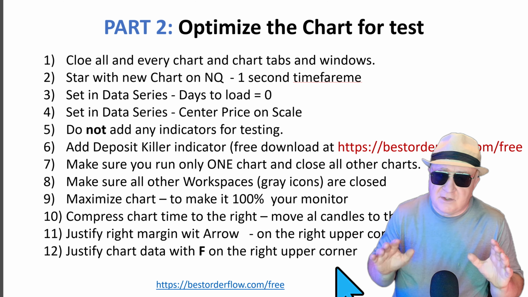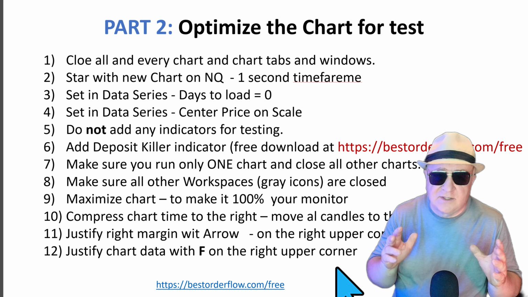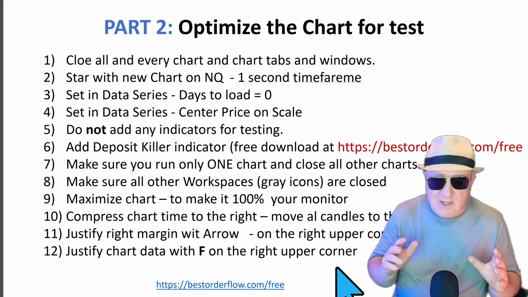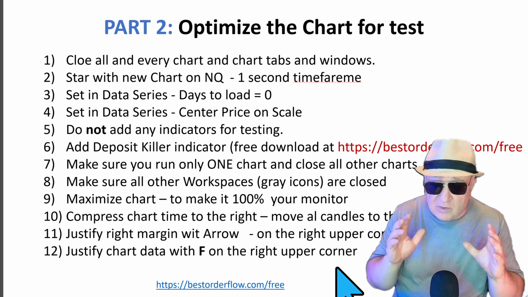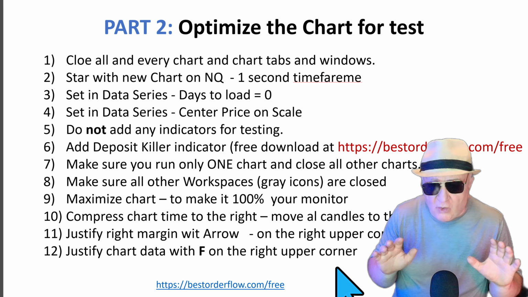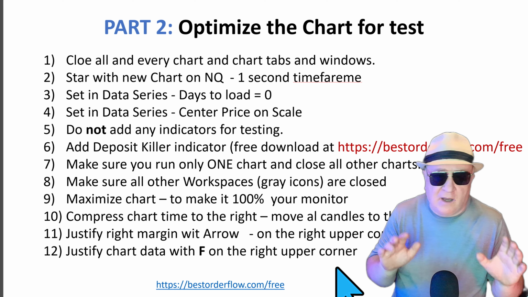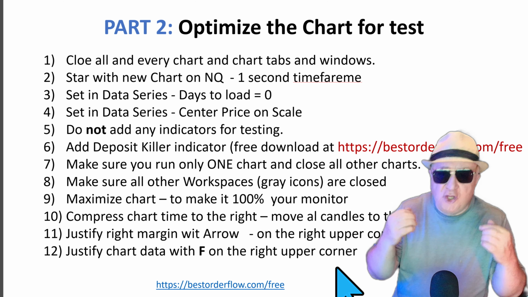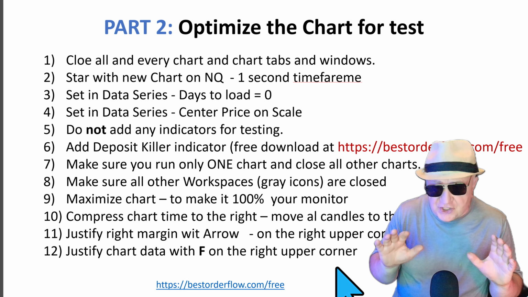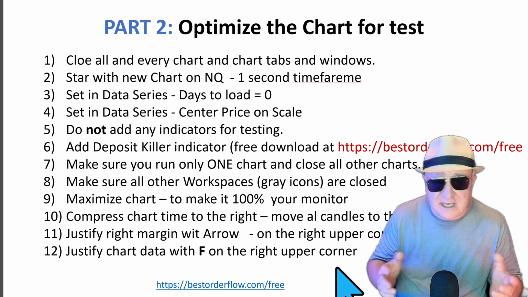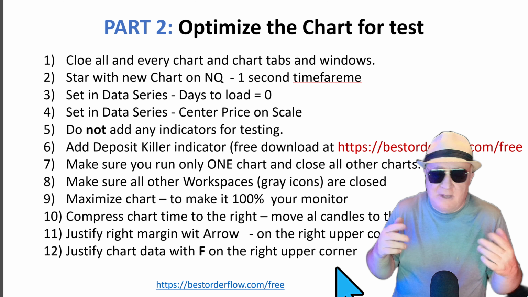Now, here are 12 things you need to go through one by one if you want to make one particular chart perform at its best. First, you close all other tabs and all other charts, and even better, start with a very new and fresh chart, because quite often there are other indicators loaded and you may have forgotten about that.